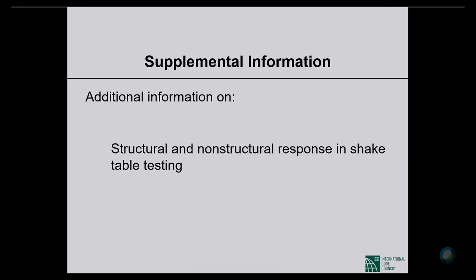The maximum considered earthquake, at least in BNBC 2020 edition, is the 2500 return period earthquake, an earthquake that is expected to occur once in 2500 years. So we are designing to prevent collapse in that earthquake.